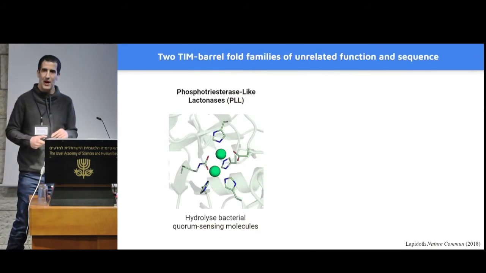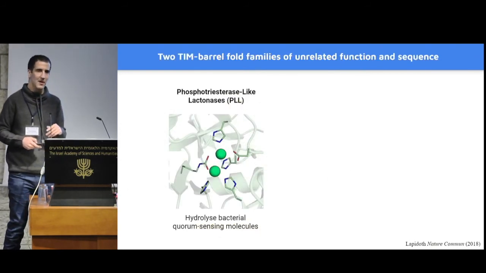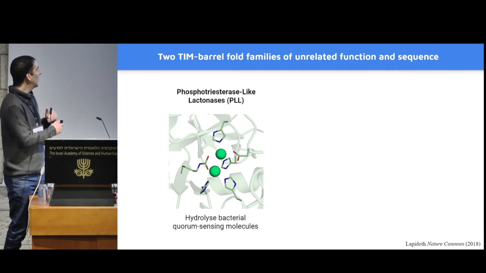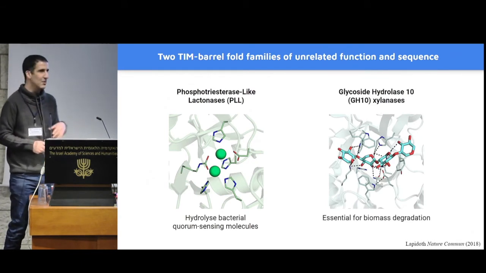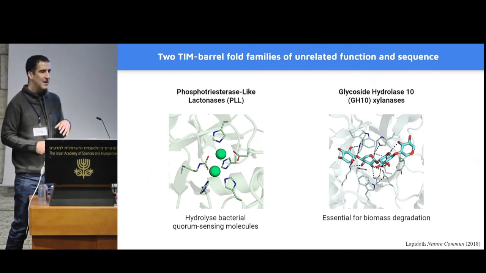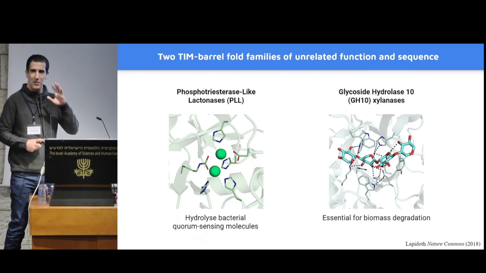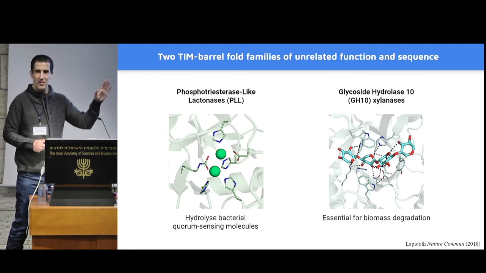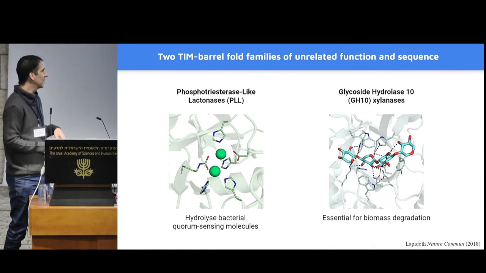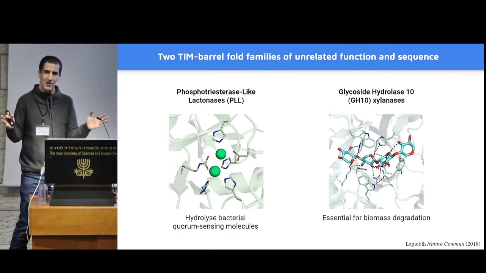So the two Tim-Barrel fold families that we targeted here were, one, phosphotriesterase-like lactonases, which I introduced earlier, and a second, which was completely unrelated in function or in sequence. These are xylanases. I think Gideon Davies will talk much more about these than I will. I'll just say that these enzymes are critical for biomass degradation. So again, two unrelated families.